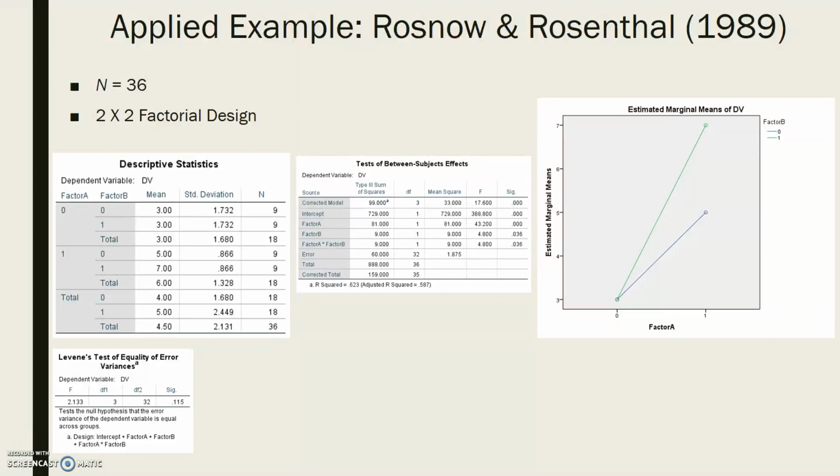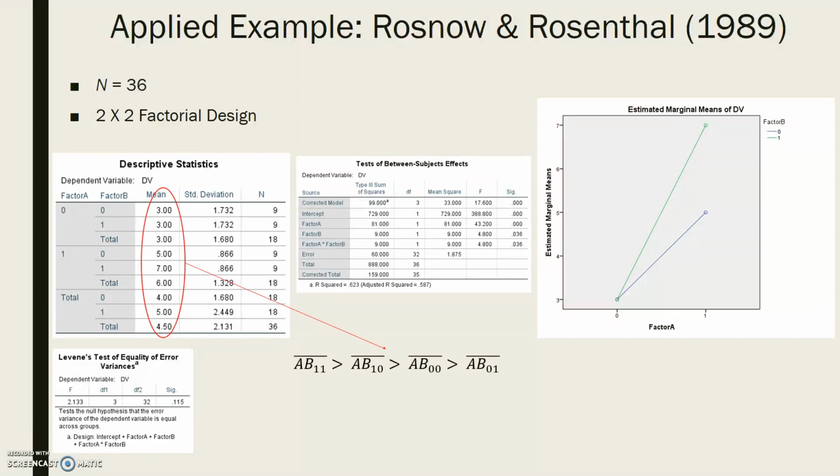If we ran just a two-way analysis of variance, what we'd see in the table here is main effects for both factors A and B, but we also find a significant interaction with an F statistic of 4.8 and a p-value of 0.036. So obviously this is less than the nominal value of 0.05.